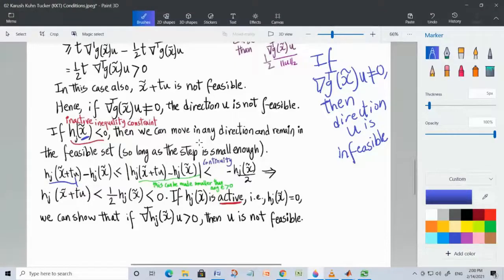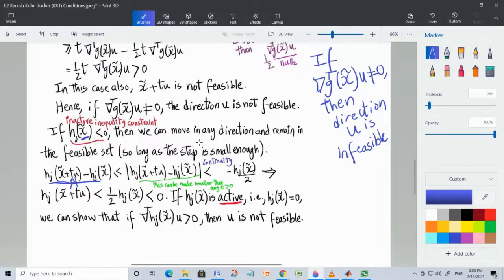Suppose that you move in the direction u with a step t. What is the difference between hj of x tilde plus tu minus hj of x tilde? Note that the functions we are talking about have partial derivatives, and the partial derivatives are continuous, so the functions themselves are continuous.